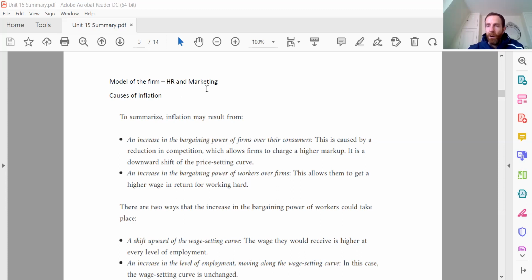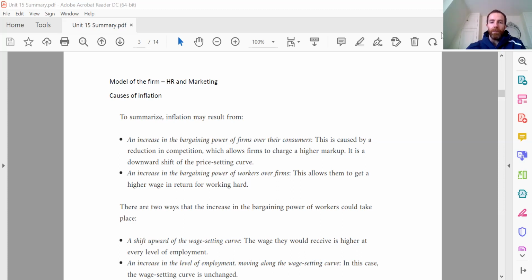Once the marketing department is aware of the nominal wage being paid, and also the demand curve for the product that their firm is producing, they can choose a price and, as a result, a quantity that's going to maximize profits. So the HR department is setting a nominal wage and real wage, and the marketing department is setting a price. Just bearing that in mind.